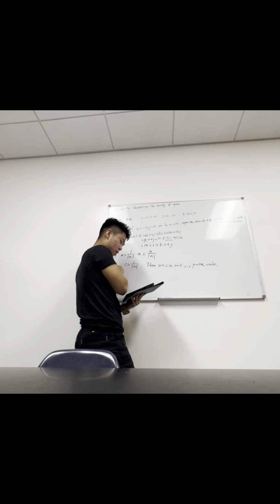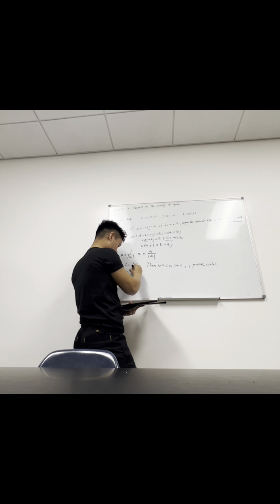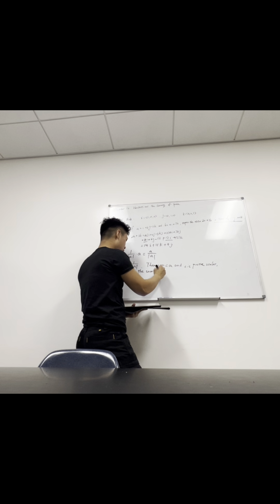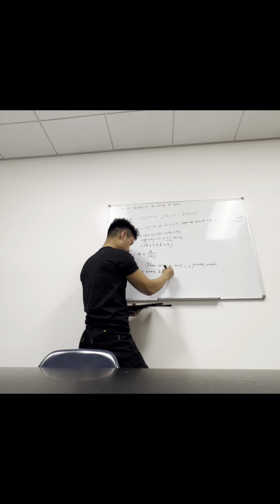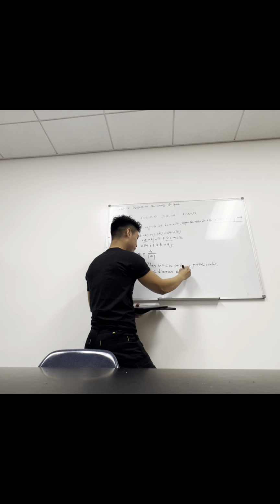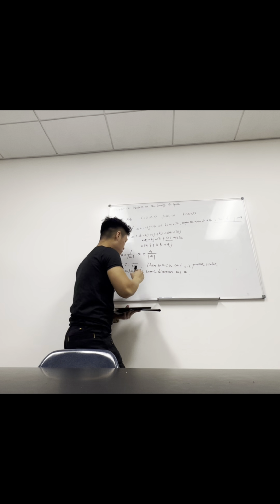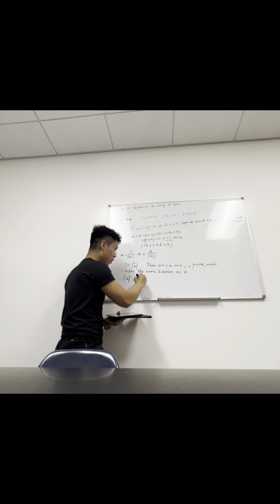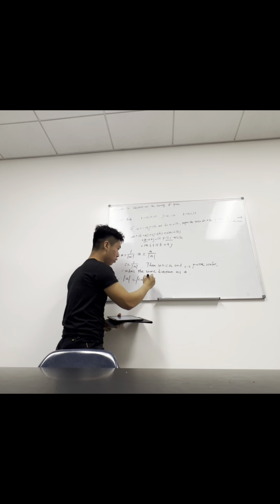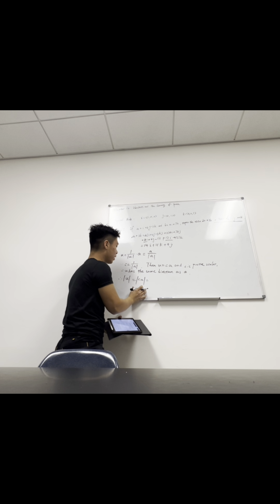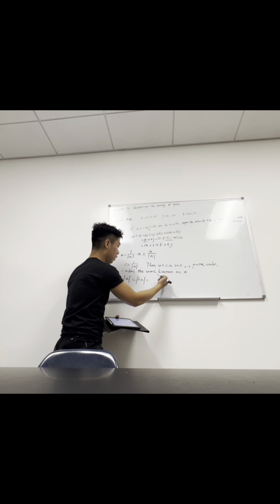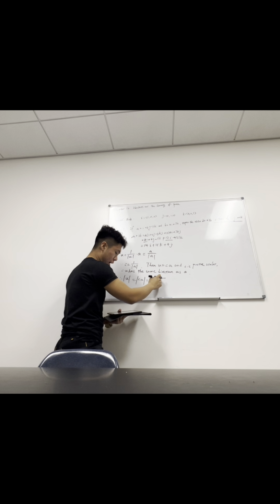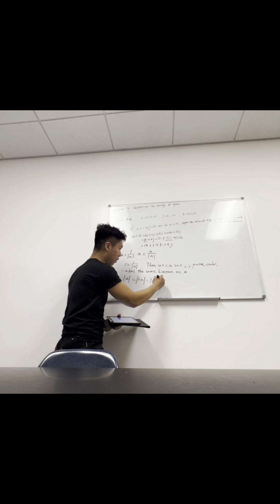So u has the same direction as a. So the absolute value of u equals the absolute value of ca, equals, we break the absolute value into some pieces, which is absolute value c times absolute value a.